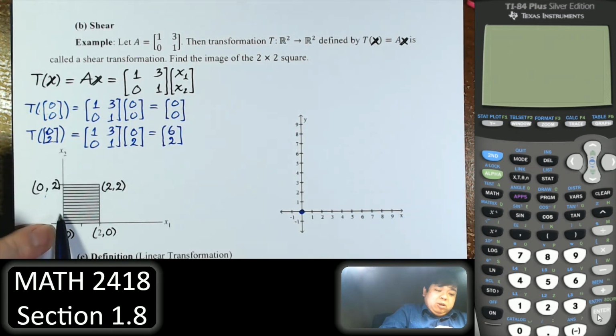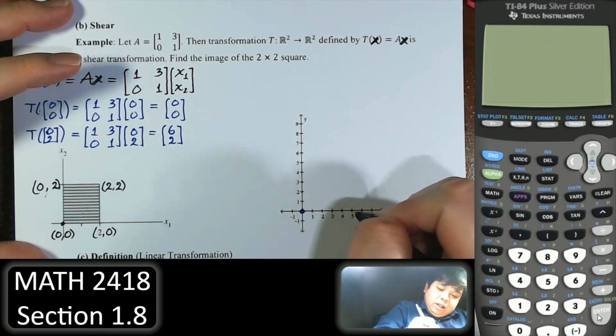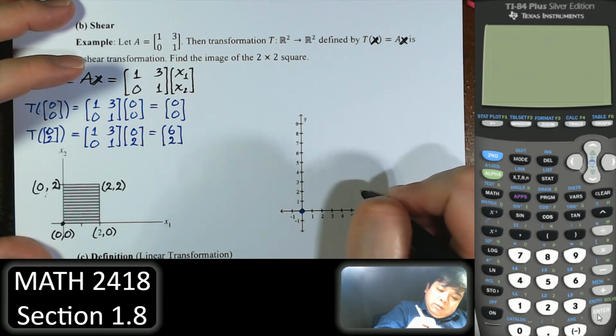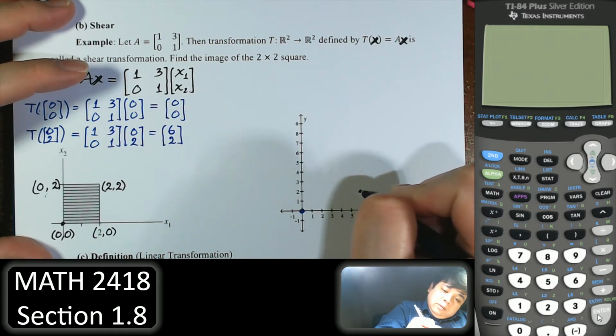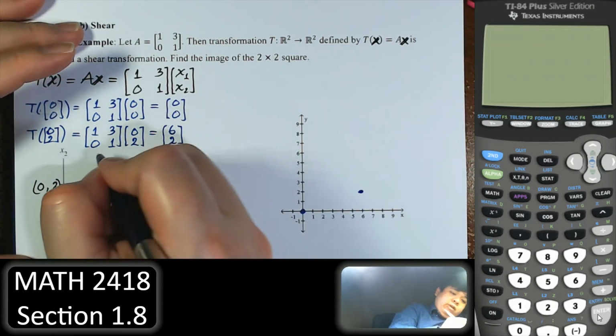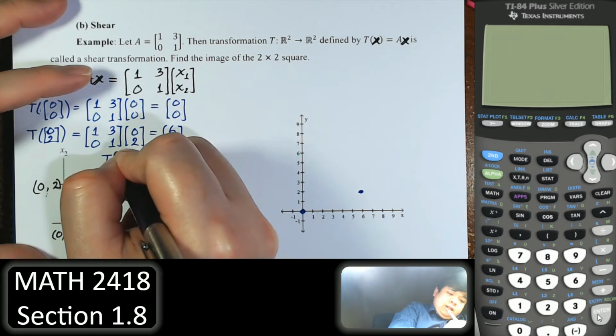So it will map the point 0, 2 to the point x equal to 6, y equal to 2. Next we'll find T of 2, 2.